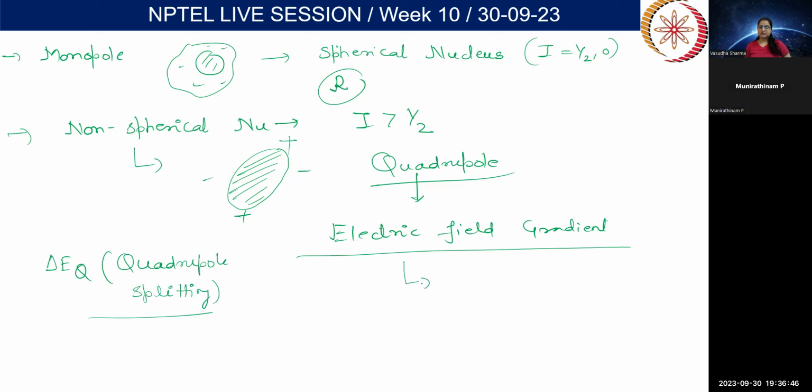Also, in this case, we saw that a non-spherical nucleus has to be there. And here we talked about the lattice contribution and the valence contribution. In lattice contribution, we have already considered two factors.